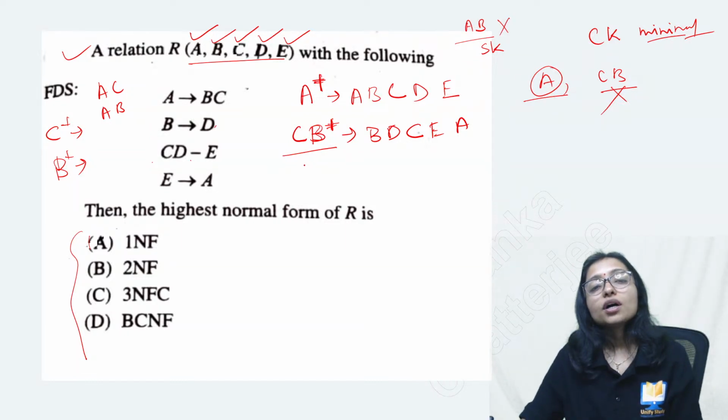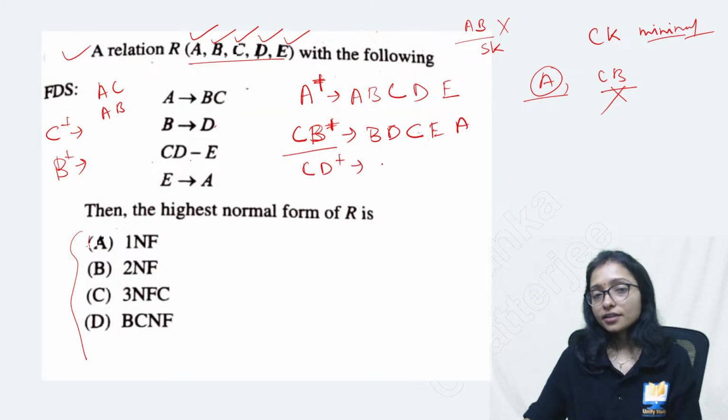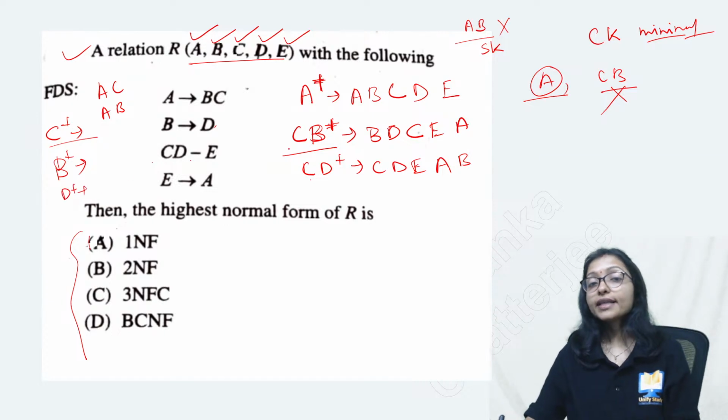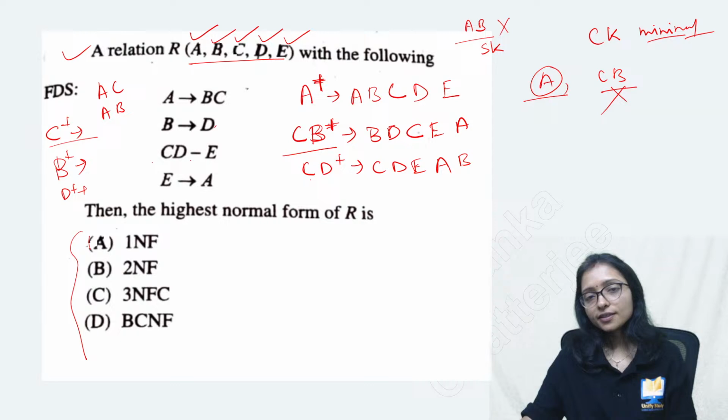Okay, so now you see that I got CB. Is CD also a candidate key? Yes. C, D, E, A, B all are coming. Only C is not able to do it, only D is also not able to do it. That's why CD is also a candidate key.